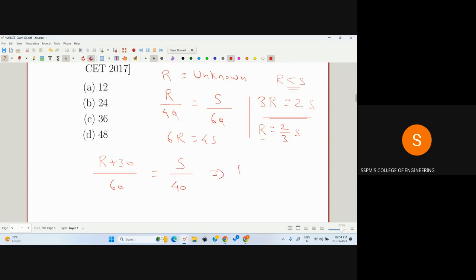This will be R plus 30 into 40 is equal to 60S. So this will be 40R plus 1200 is equal to 60S.